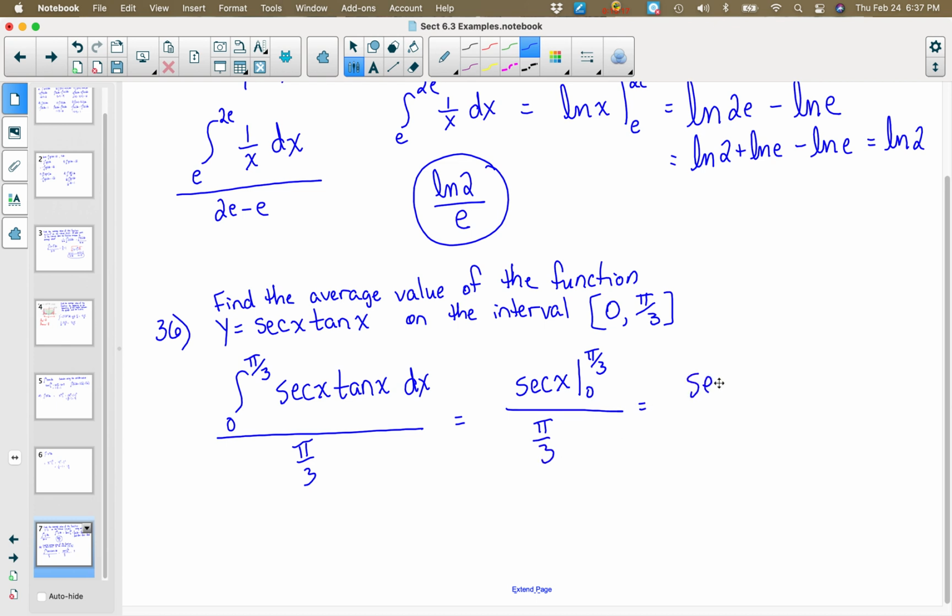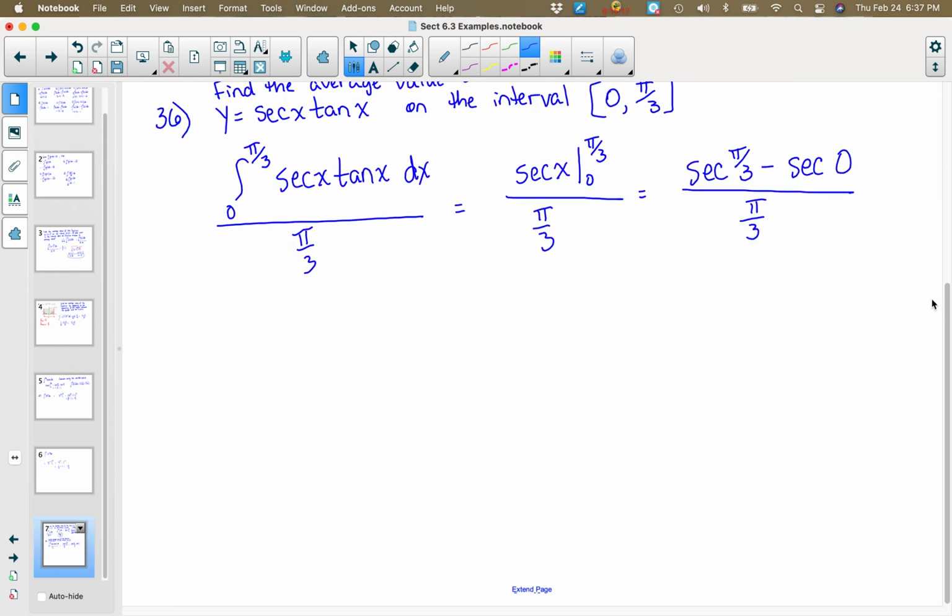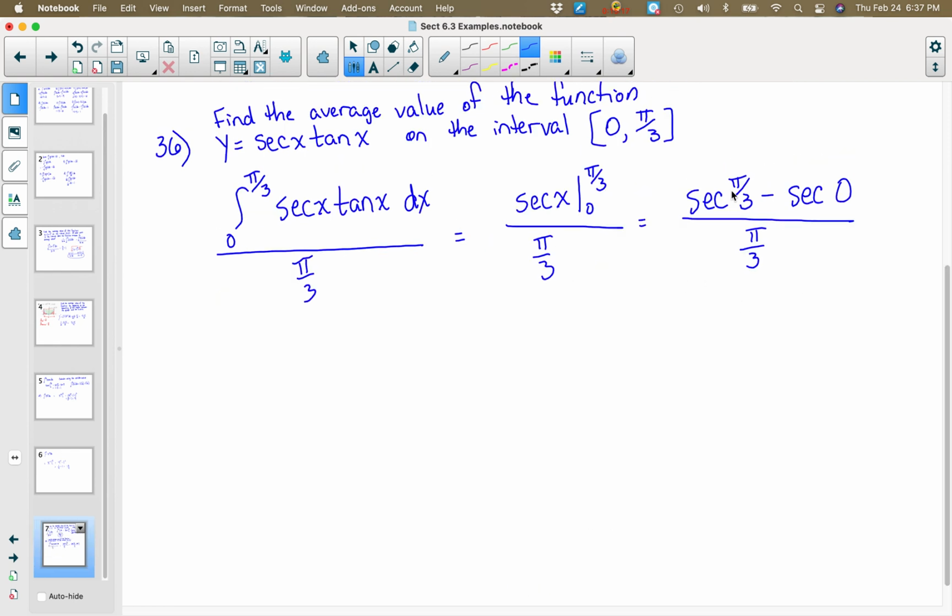So I have secant of pi over 3 minus secant of 0, all over pi over 3. So you've got to get away from that unit circle. Let's practice this. Secant is the reciprocal of cosine. So if I know cosine of pi over 3, then I can flip it over.